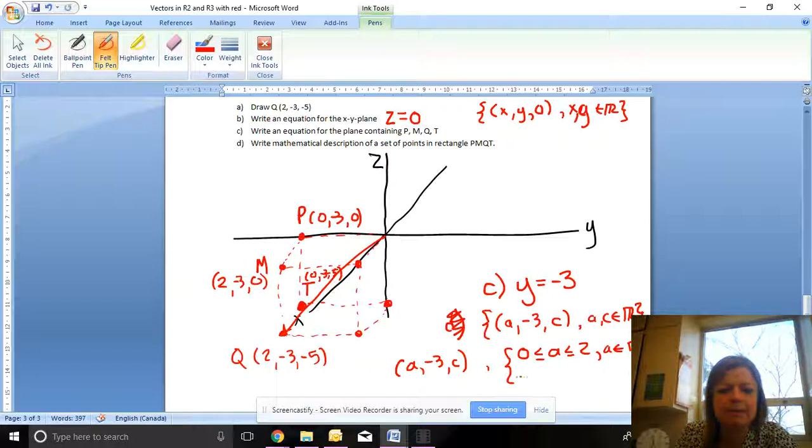And c is between -5 and 0, and it could be any real number. So without these restrictions, the description up here represents the whole plane if it continued in all directions. And this description here represents just that rectangle because it gives boundaries.